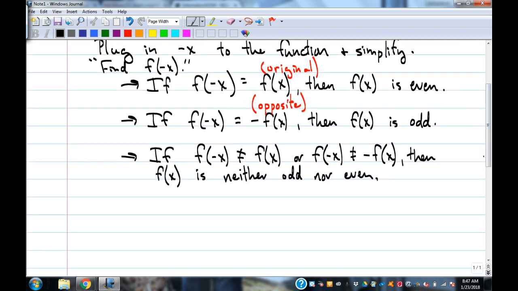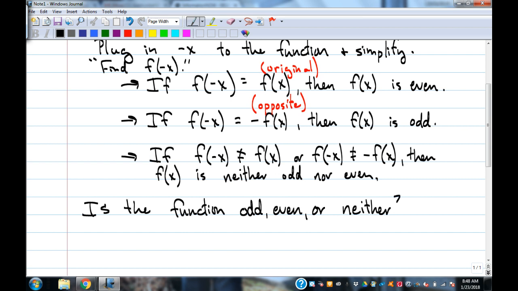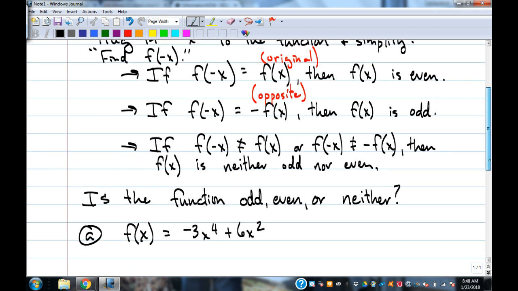Okay, so let's look at a couple examples of that. So is the function odd, even, or neither? All right. So first function, f of x equals negative 3x to the fourth plus 6x squared.